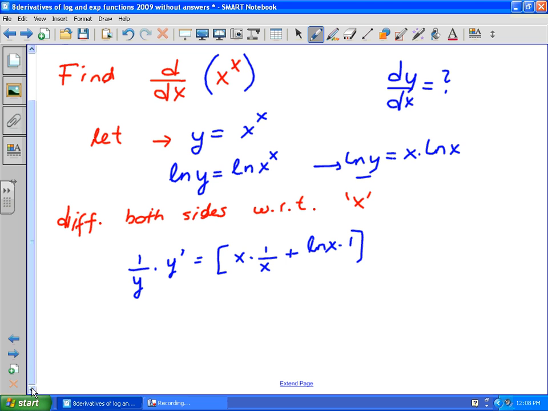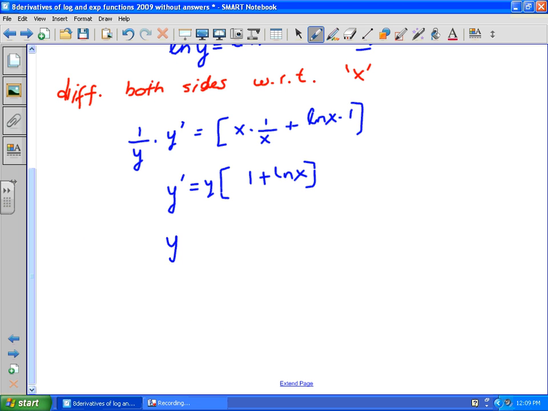So I need to multiply both sides by y to solve for y prime. And simplifying what's in the brackets, we get this. Just as a final touch, it would help to rewrite what y is in terms of x. That way we can leave our entire answer in terms of x.